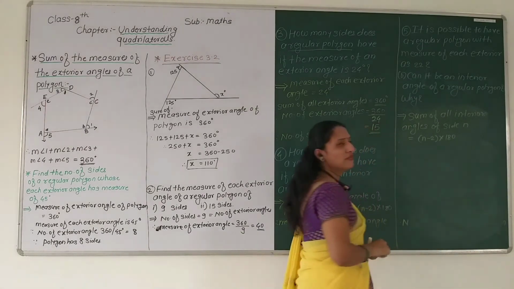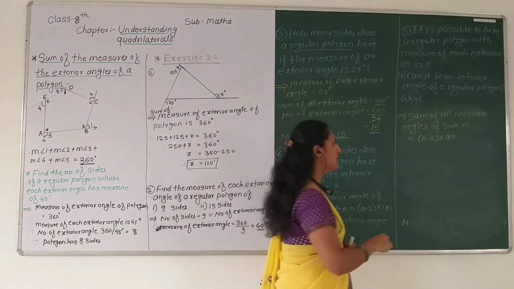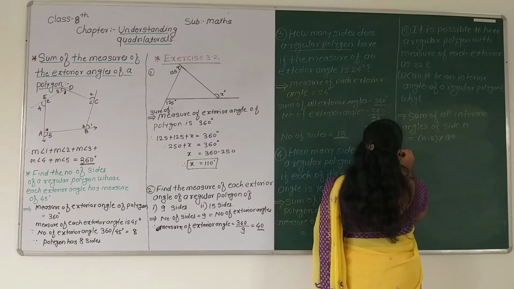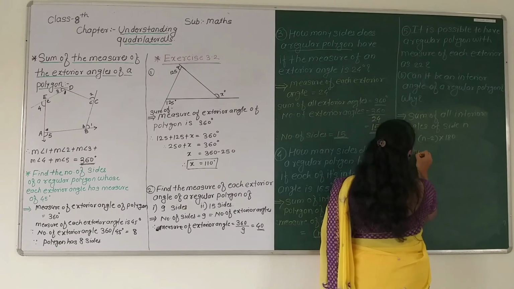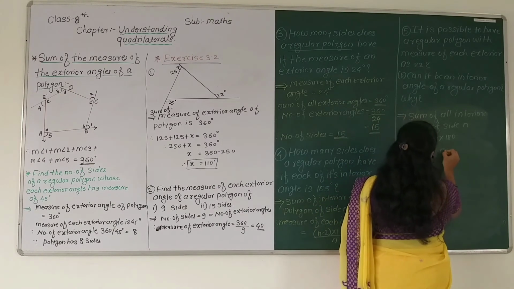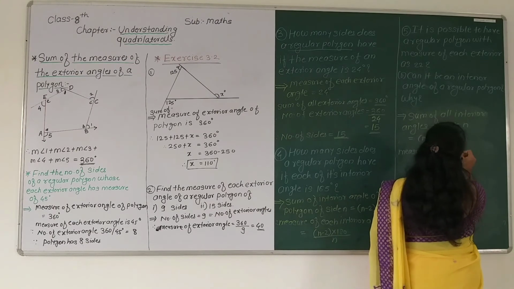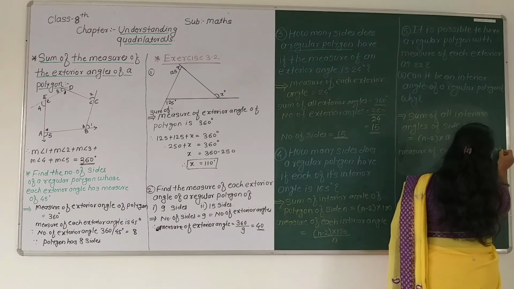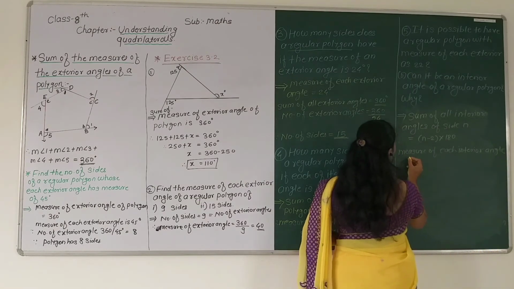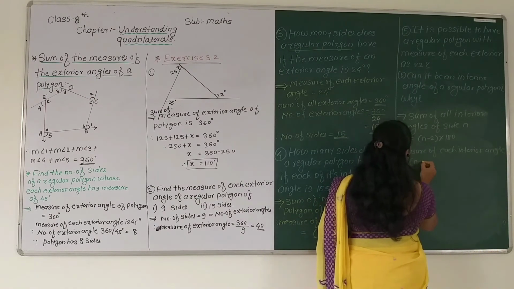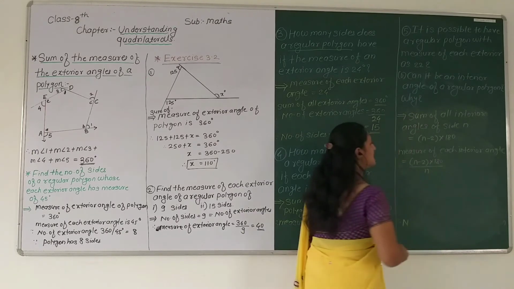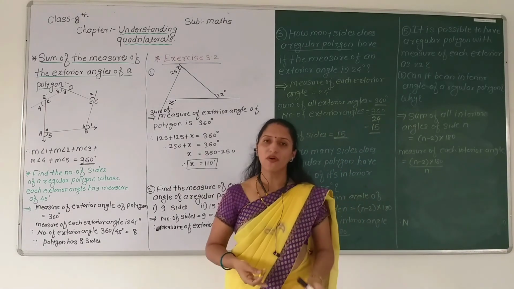So how can we find the measure of each interior angle? The measure of each interior angle is equal to (n minus 2) into 180 divided by n, since this polygon has n number of angles.